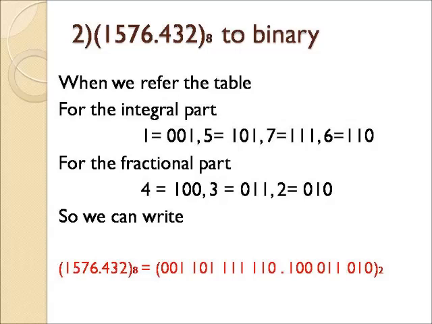For the fractional part, 0.432, for each digit, 4 is 100, 3 is 011, and 2 is 010. So we can write the binary equivalent of the given octal number as 001 101 111 110 . 100 011 010.